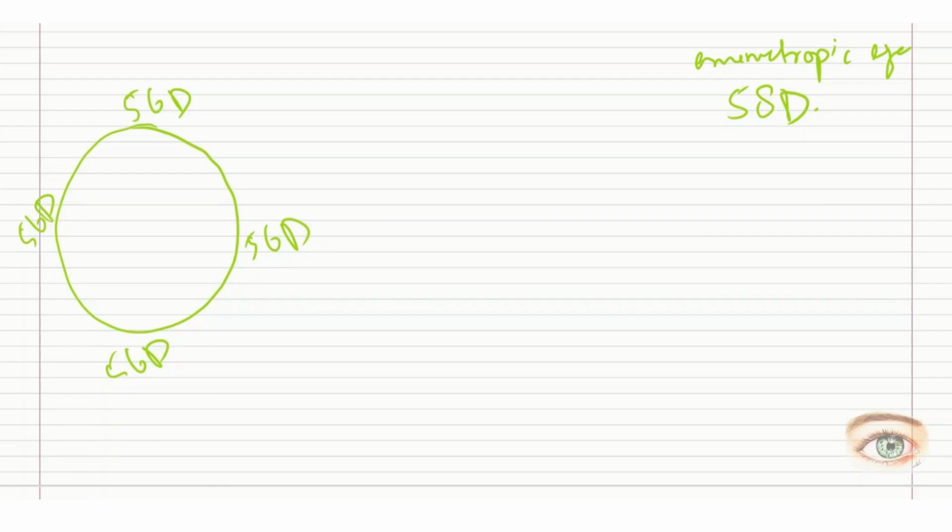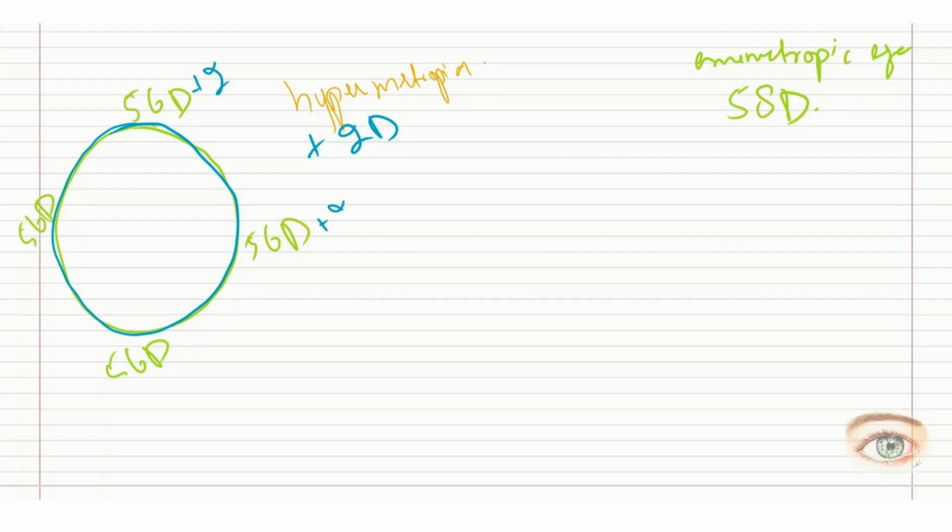That the eye has undergone hypermetropia, right? And to make this person emmetropic, we will add +2 diopters, right? Now, if I place a +2 diopter lens in front of this eye, this will add to the power of the eye and it will become 58 diopters in all meridians.